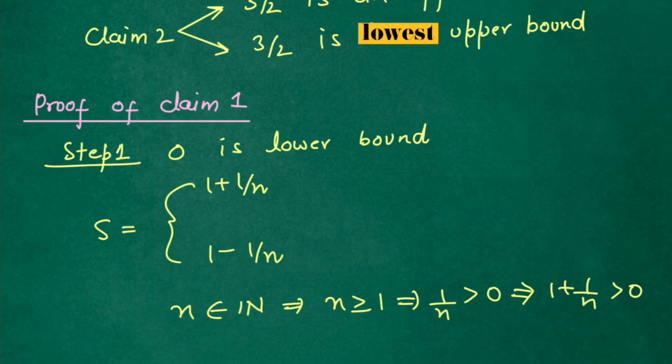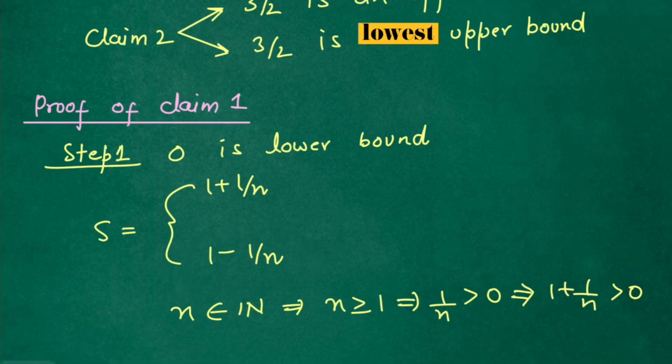Now for this 1 minus 1 over n, here we have n is greater than or equal to 1. From here we can say that 1 over n is less than or equal to 1, right? Multiplying by minus 1 on both sides, and we know that when we multiply any inequality with a negative sign, the direction of the inequality changes.